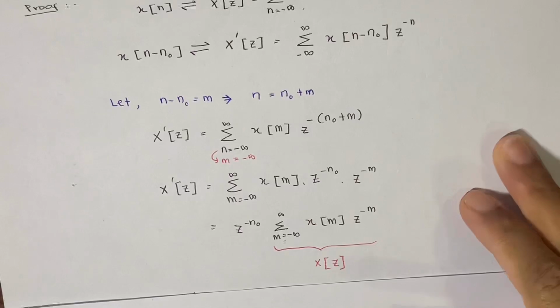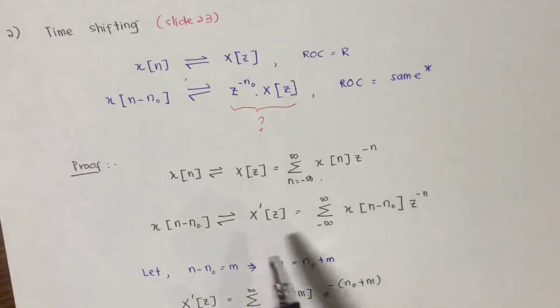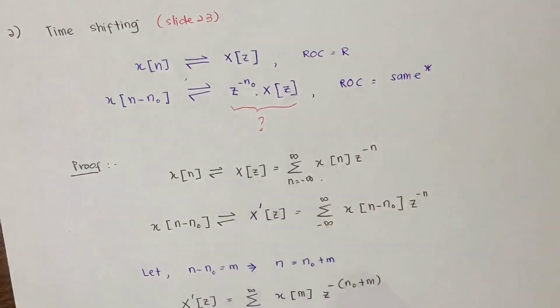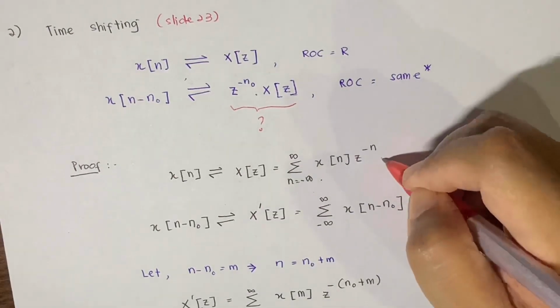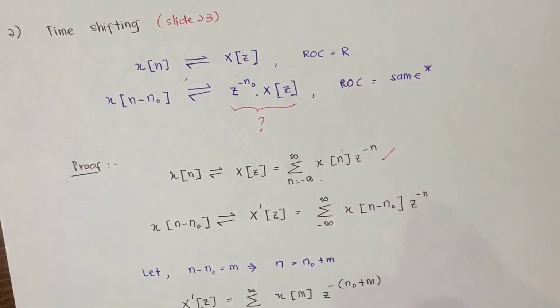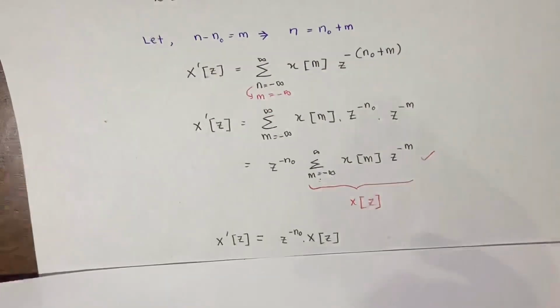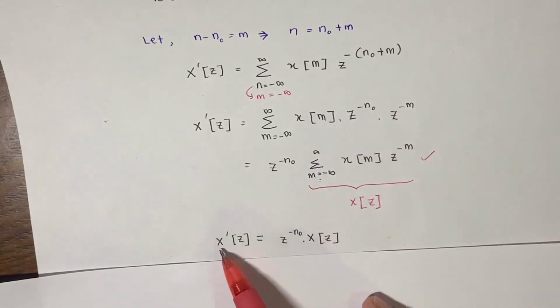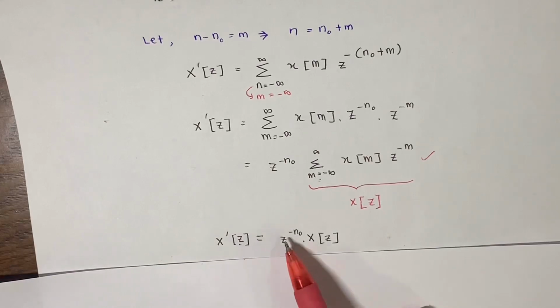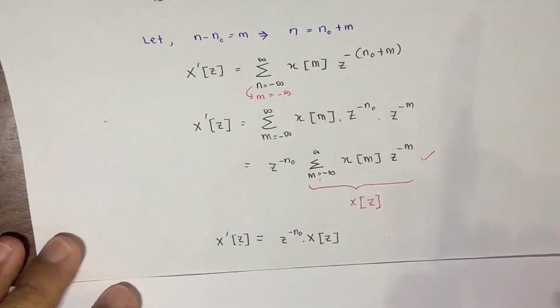If we compare these two equations, the difference is just the symbol of n and m, so we assume that this is X(z). Now the equation becomes X dash z equal to z to the negative n naught times X(z). This is how you get the time shifting property.